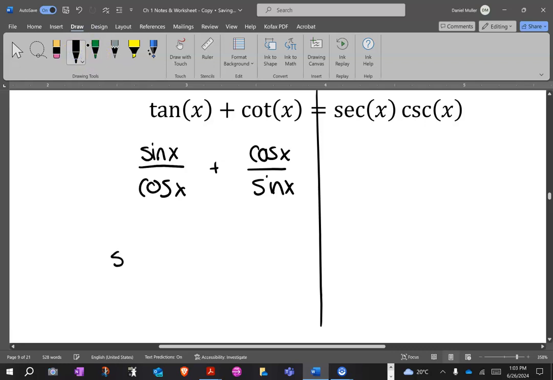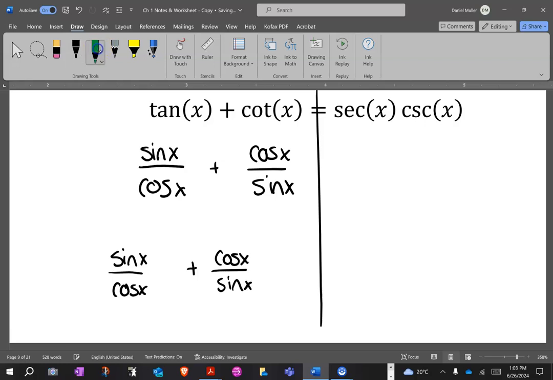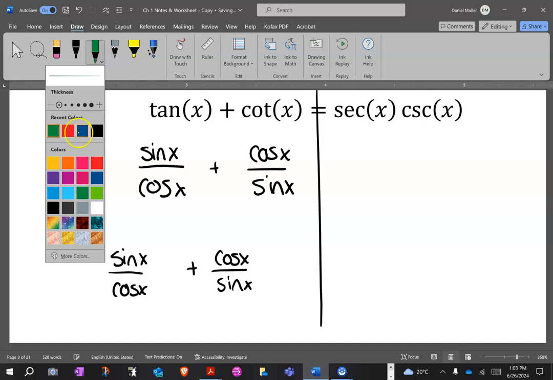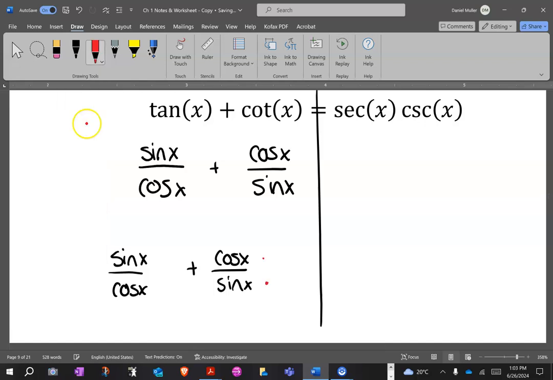So I'm going to give myself a little bit more room here. Sine of x over cos of x plus cos of x over sine of x. And I will do a common denominator. So the right side will just need a cosine. And the left one will need a sine.